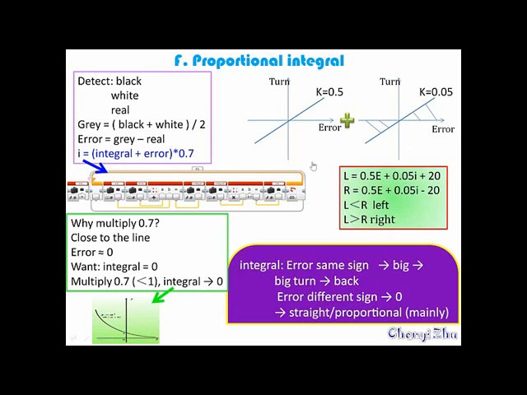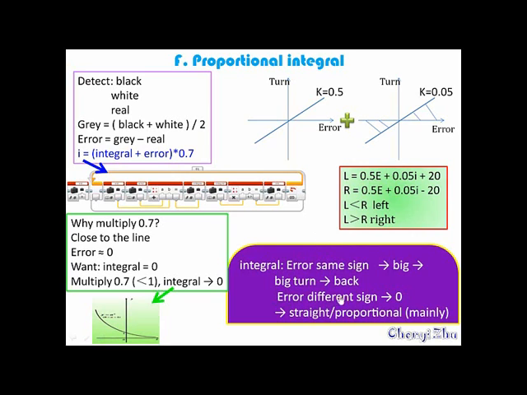These graphs can give you an idea about how the proportional integral controller works. And this is the power of the motors. Let me explain how this controller works. If the arrows are in the same sign, the integral will be big, so it will have a big impact on the robot.